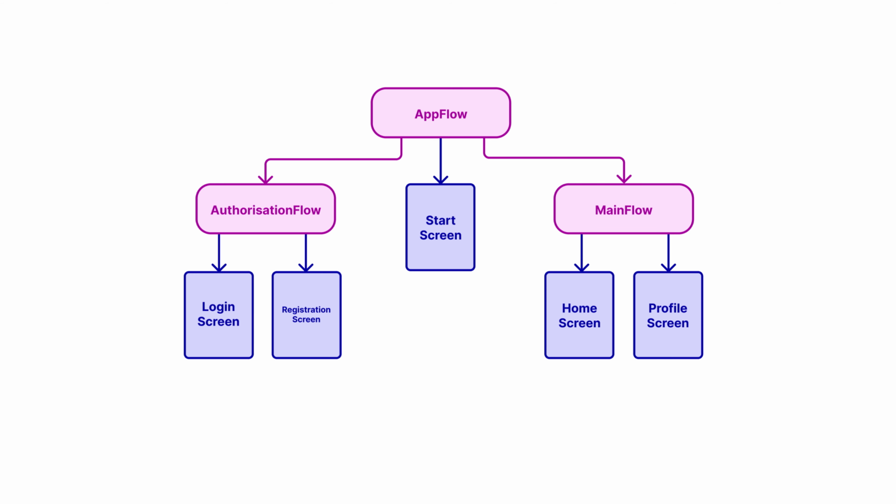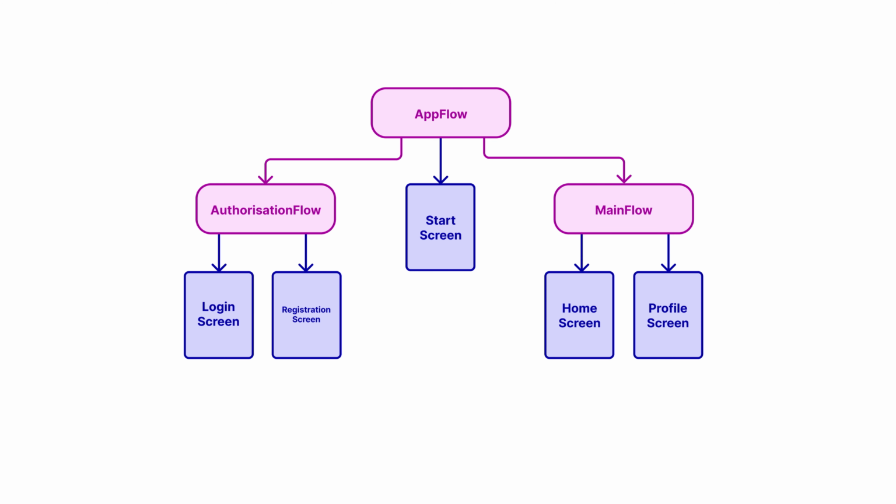If the application is authorized, we will initialize the main flow, and the main flow will show the user the home screen. If not, if the application is not authorized, we will initialize another flow object, the authorization flow. And the authorization flow will show the user the login screen module.